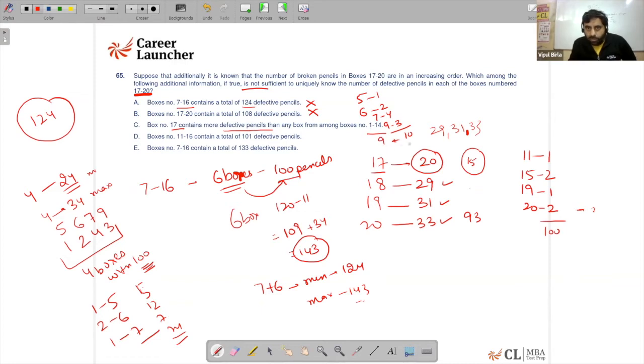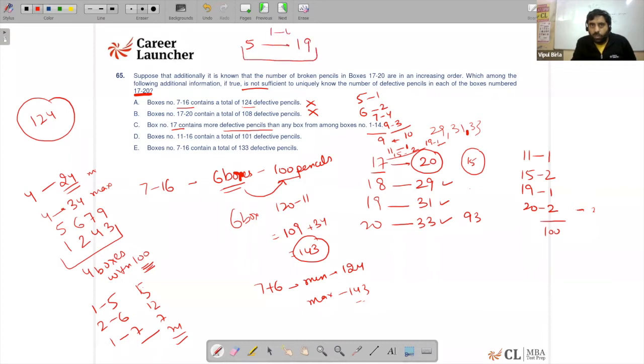Then we have 11 pencils broken in one of the boxes, and 15 pencils broken in two boxes, 10 plus 1 plus 2, 13, and then one box with 19 pencils. So in order to have boxes 1 to 14 with the minimum broken pencils, all the pencils are consumed from 5 in one box till 19.